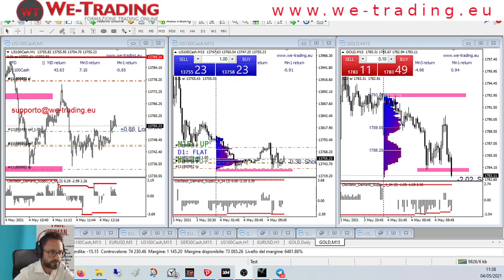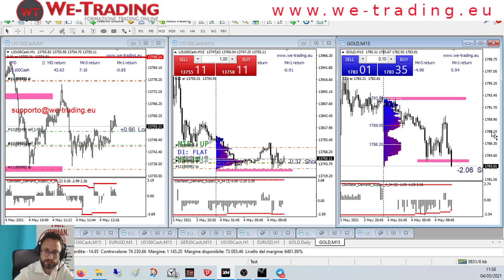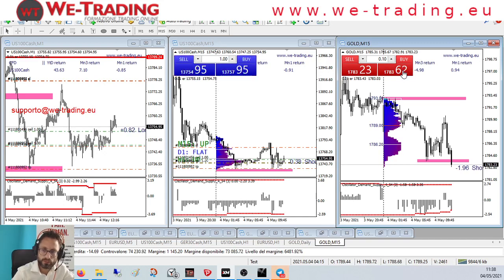Okay, in the meantime, I have sold again the Nasdaq, and now see here the gold. The gold goes under the previous support, but value at less two. Here I want to try to buy.